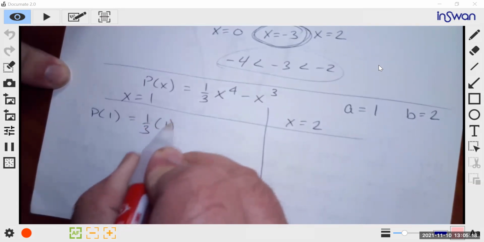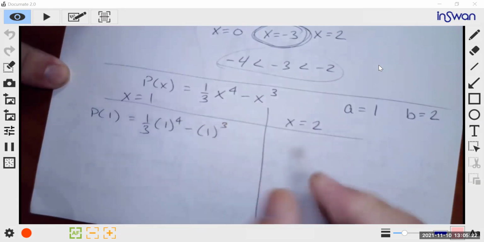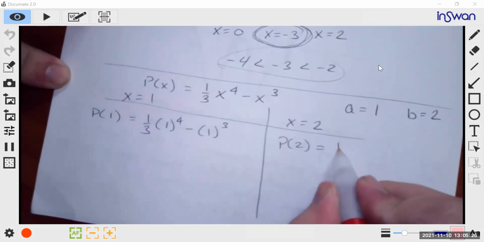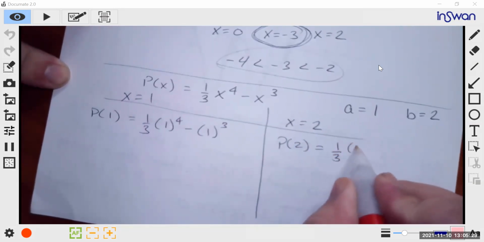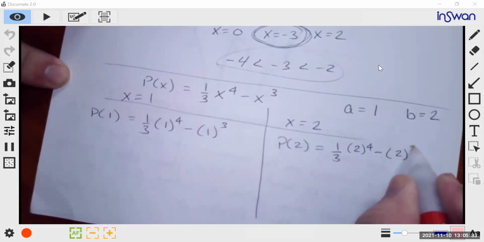Plug in 1 to the 4th over 3 minus 1 to the 3rd, and 2 to the 4th over 3 minus 2 to the 3rd.